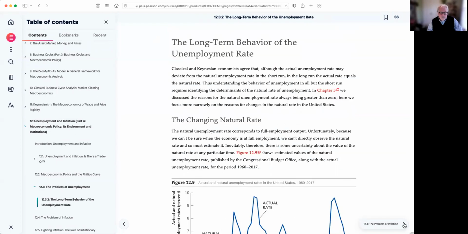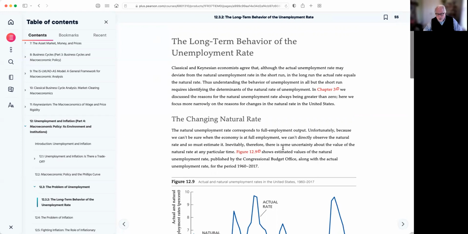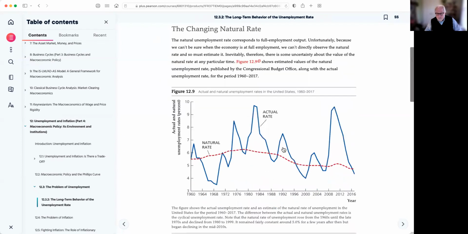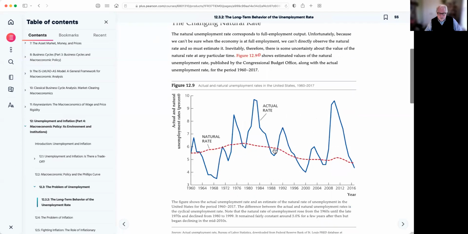The next subsection talks about whether the natural rate actually changes. And generally that's probably the case. That is partly because of changes in the labor force, who's in the labor force or who's out of the labor force, and the demographics around that. And you can see what people have estimated to be happening to the natural rate.